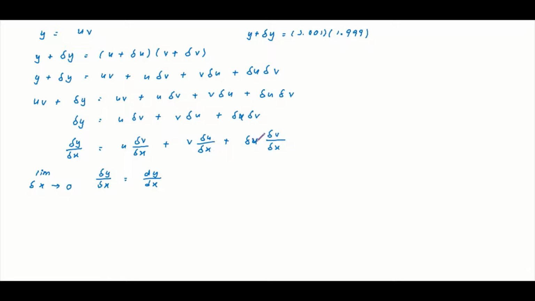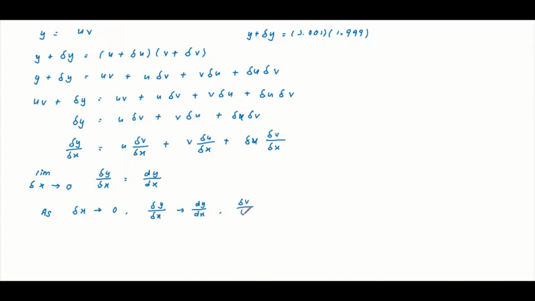So how about the small change in u? You can imagine that x is the function of u and v, right? So if the small change of x is approaching 0, meaning the small change of u and small change of v will be approaching 0 as well. So when small change of x is approaching 0, small change of y over small change of x will approach dy/dx.